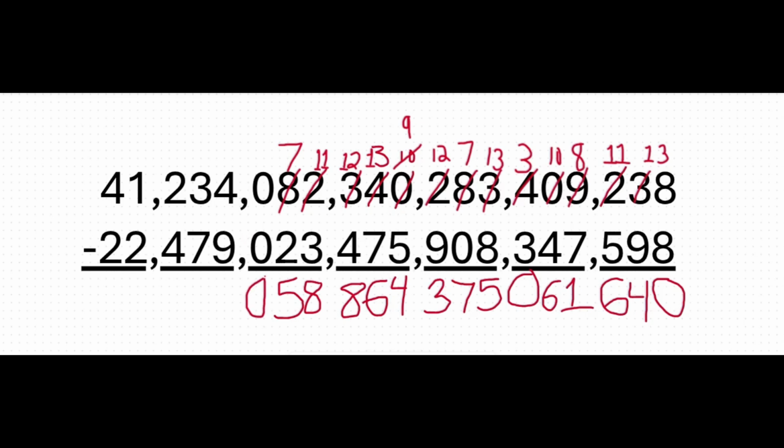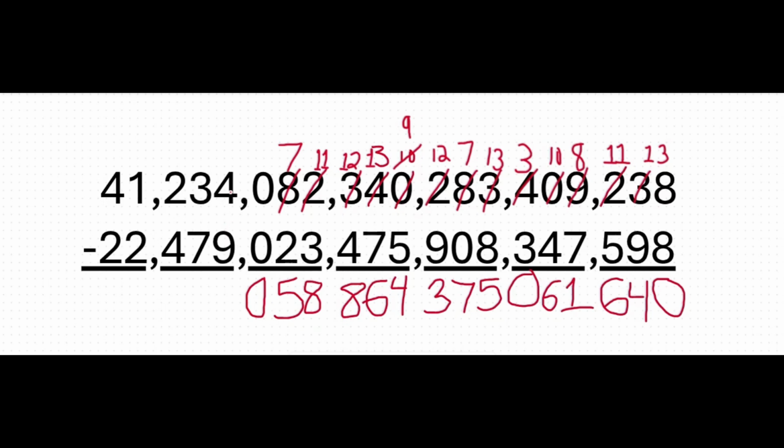And how about 4 minus 9? Now be very careful, class. This does not say 9 take away 4. This says 4 take away 9. And 4 minus 9 we can't do because 4 is too small to take away 9 from.